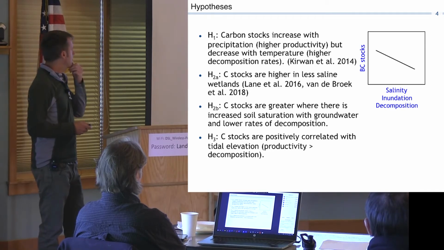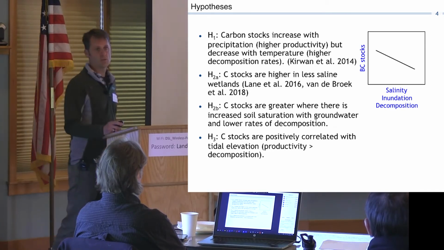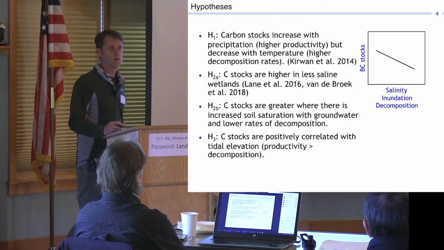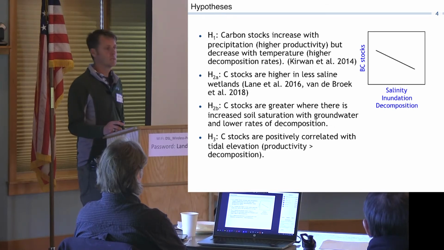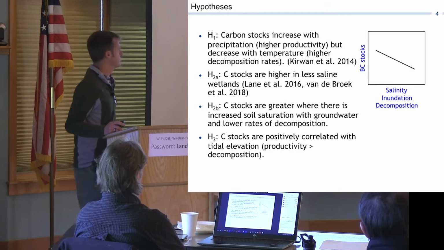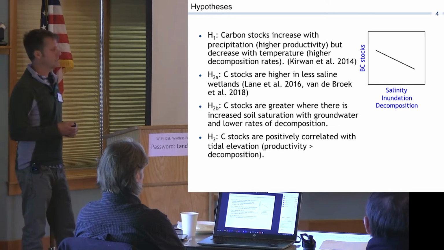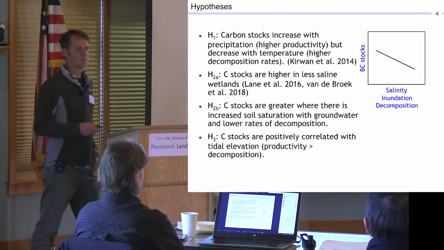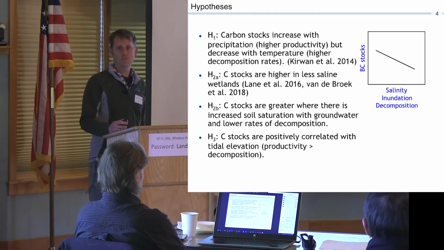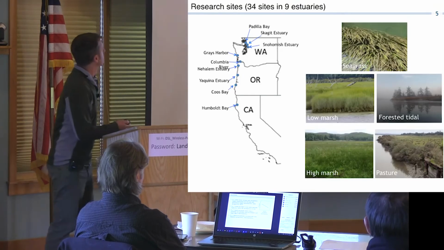And related to that, carbon stocks are greater where there's increased soil saturation, so you have a higher groundwater table and more anoxic environment and less potential for decomposition, so you get a buildup of carbon in the soil. And then finally, we tested the hypothesis that carbon stocks were positively related to elevation within the intertidal.